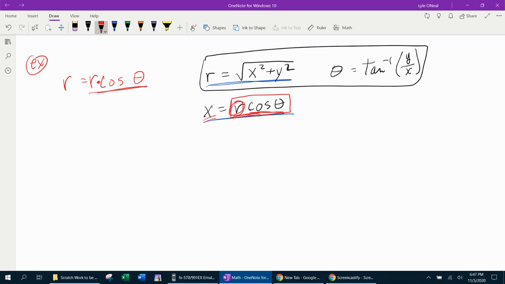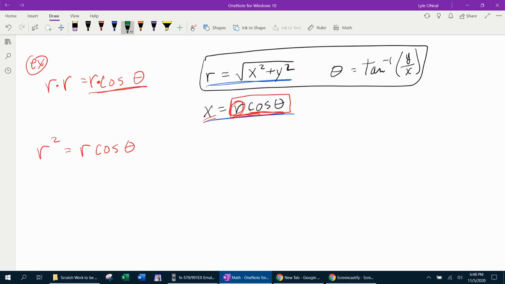And I know that r cosine theta can be replaced with x. But remember, whatever I do to one side, I have to do to the other. So I'm going to multiply both sides by r. And that's going to give me r squared equals r cosine theta.